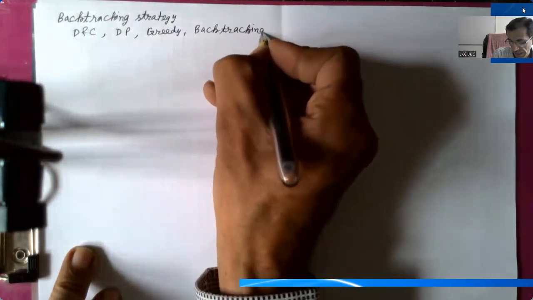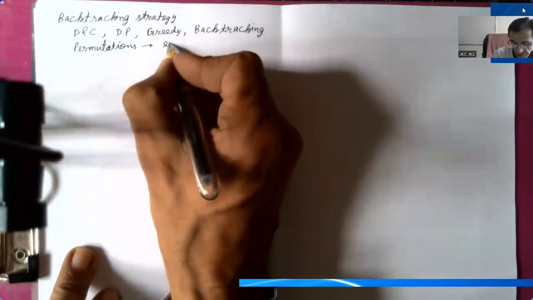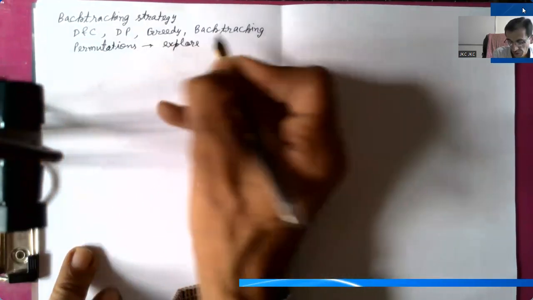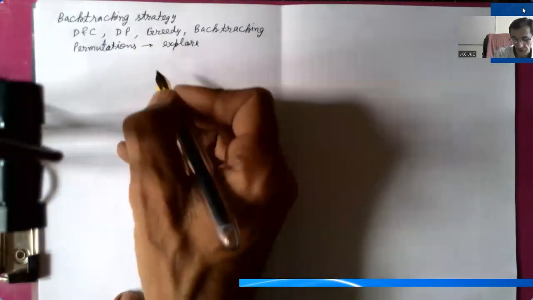So effectively in backtracking, we have already seen that we are going to explore permutations. Whenever I find that it is not possible to progress further, I am going to reject.